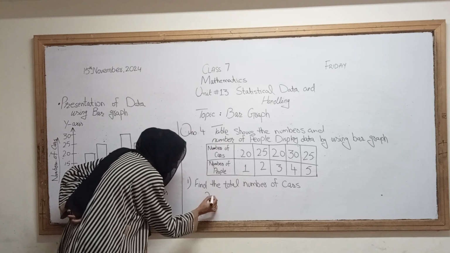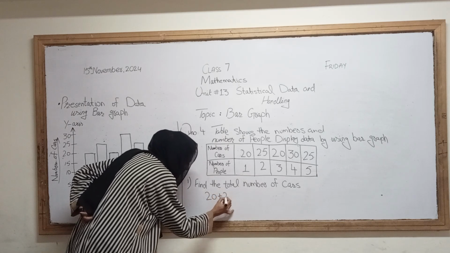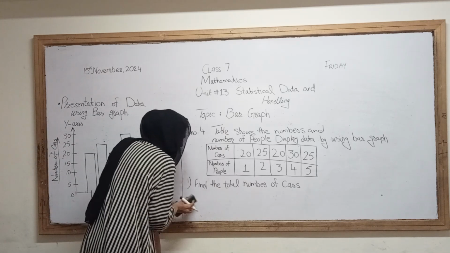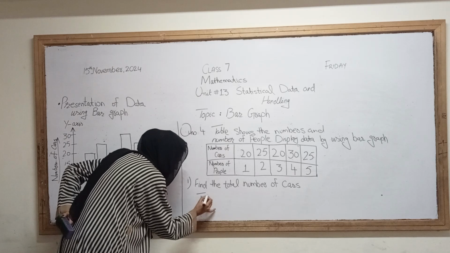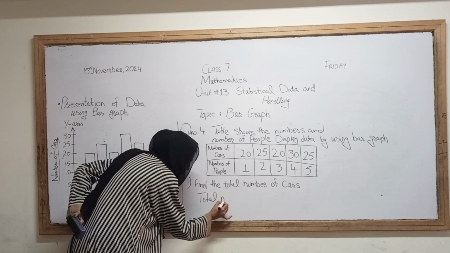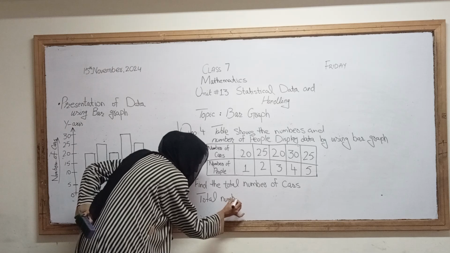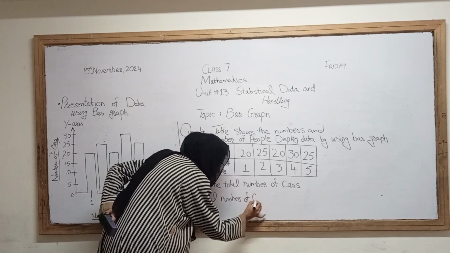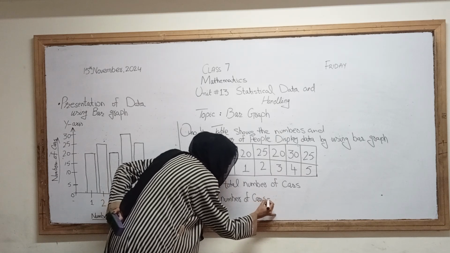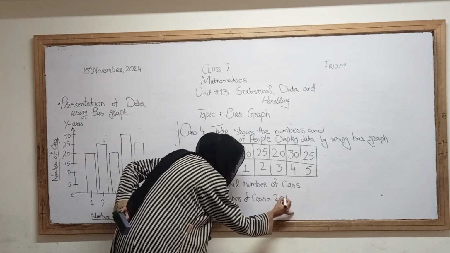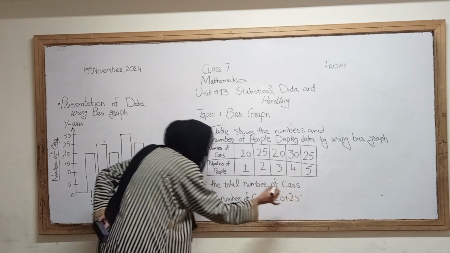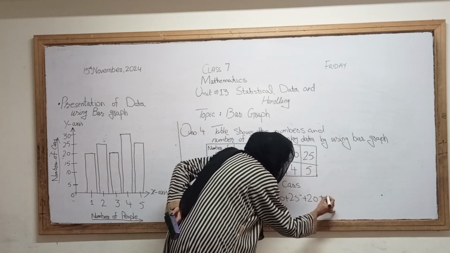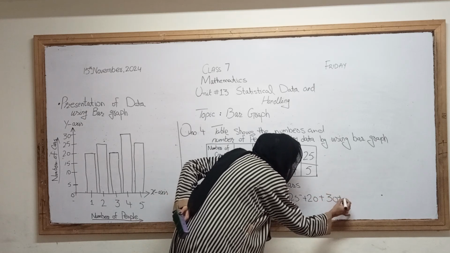Total number of cars is equal to 20 plus 25 plus 20 plus 30 plus 25.